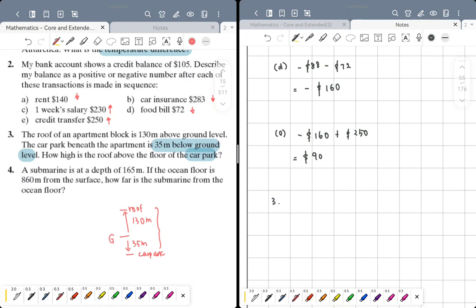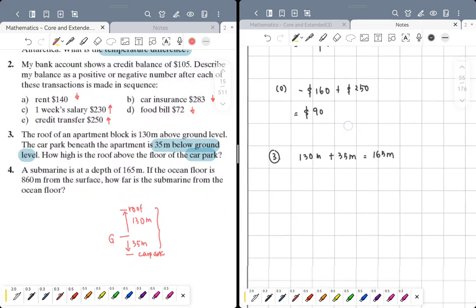You're actually adding 130 meters plus 35 meters, and you will get 165. Or you can also do a subtraction because it's below, let's say ground is 0. So this is actually negative 35. So you can do 130 minus negative 35, and you're going to get the same answer.